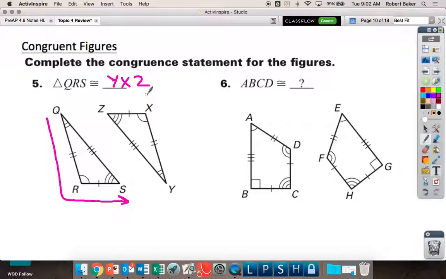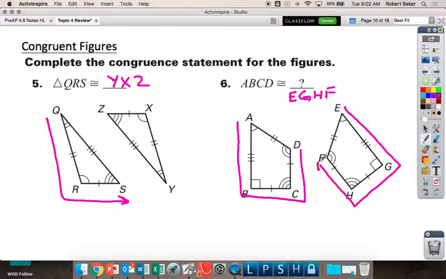Number 6, it goes A, B, C, D, and you must follow the same order for the other shape. E, G, H, F. Follow the same order.